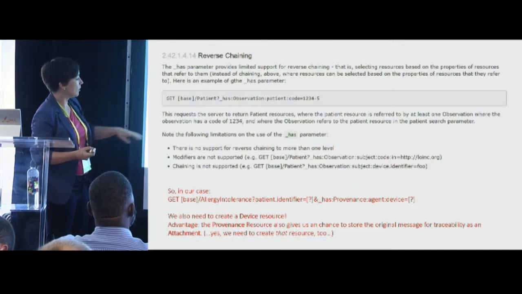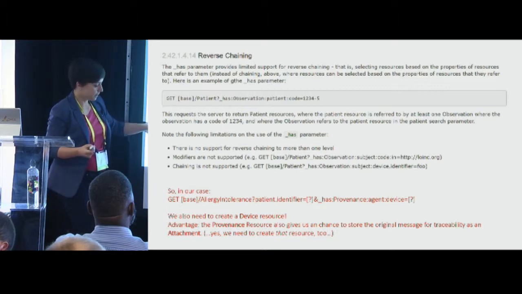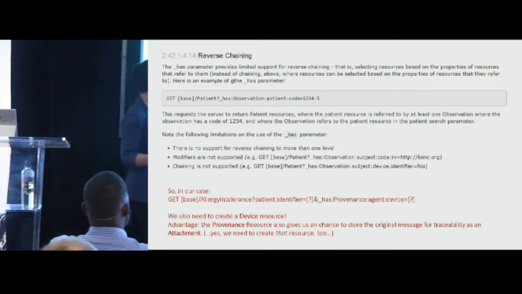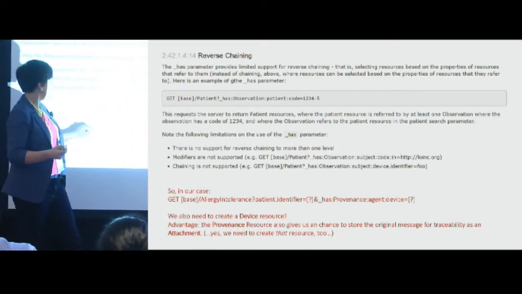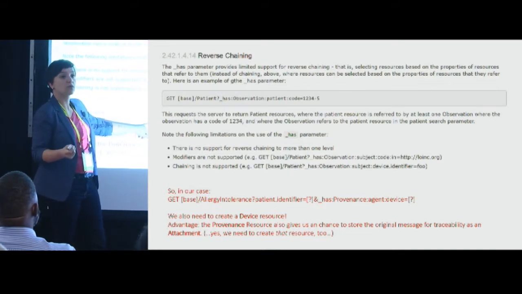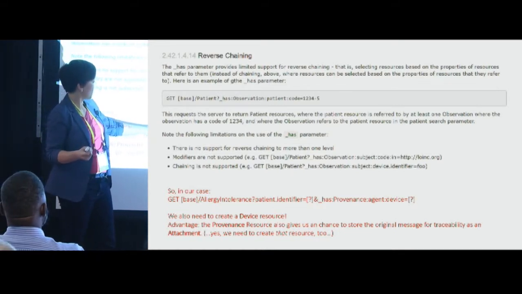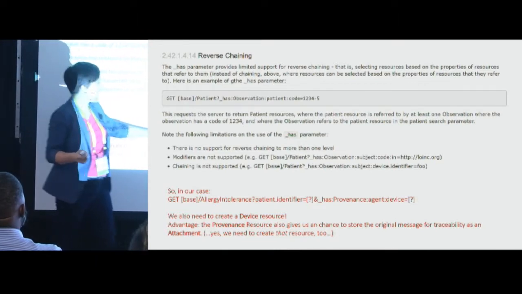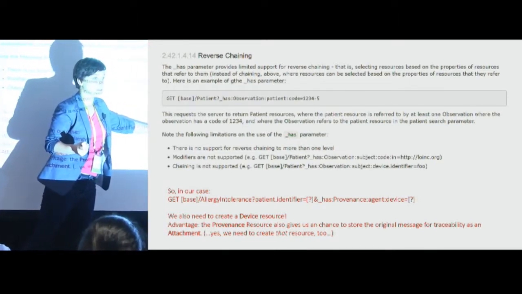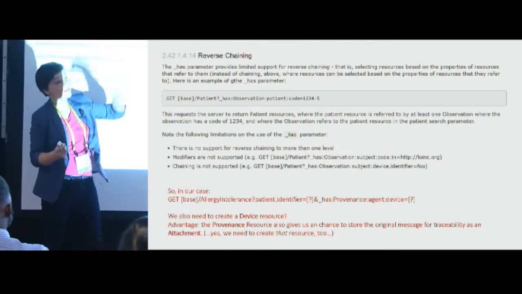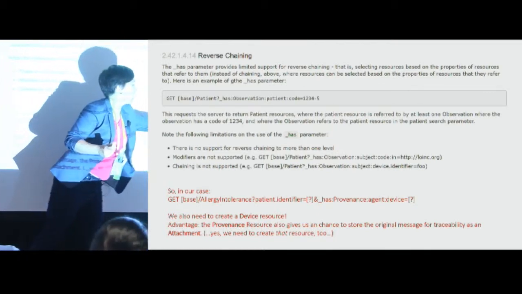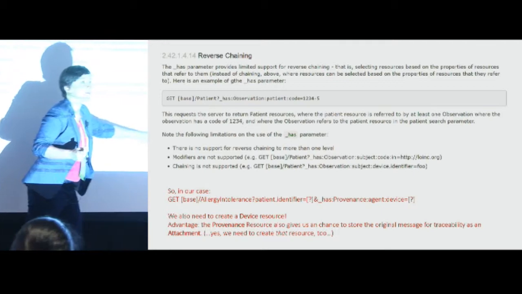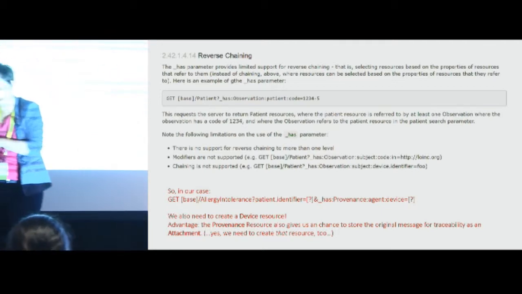So in this case, we could use a _has search parameter, which says we are looking for all allergy intolerance resources that are linked to our current patient with our identifier and have a provenance resource pointing at them that has an agent, which is a device which points at our integration engine.